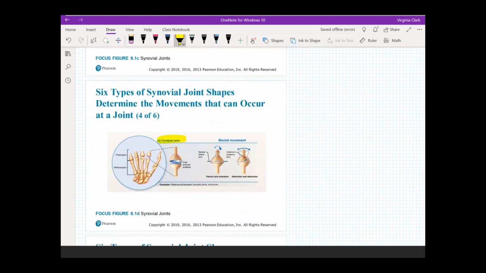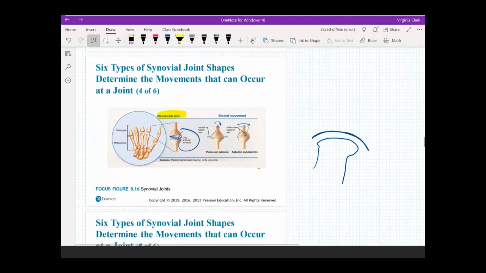This is a little bit similar to a ball and socket, but not quite. Rather than a ball, it's essentially an oval shape for that articular surface. It's a shallower version, but it is a separate type of connection.